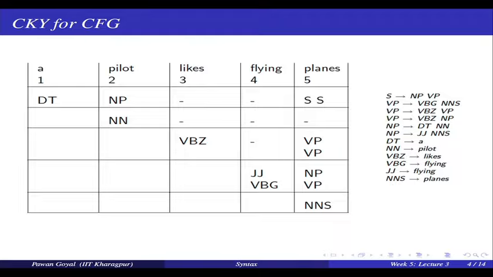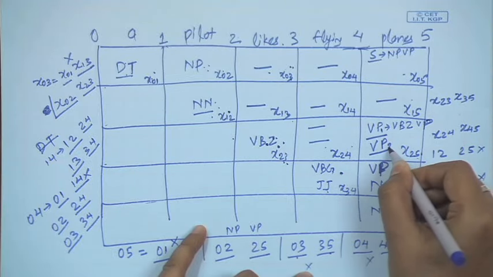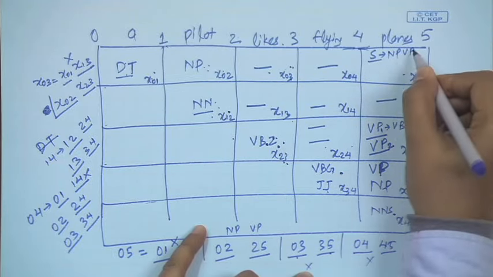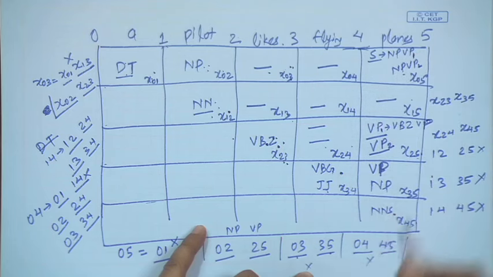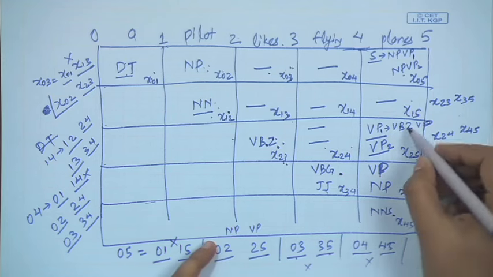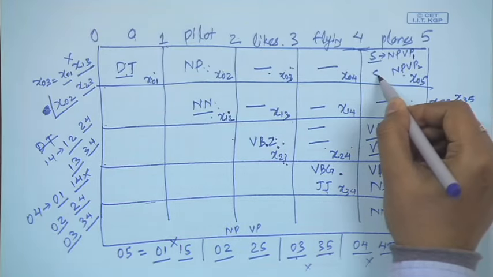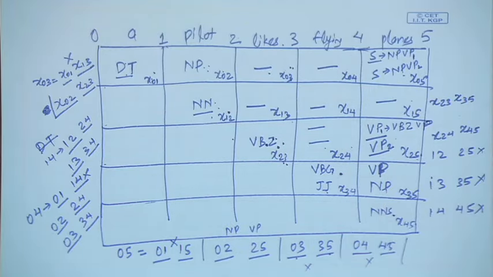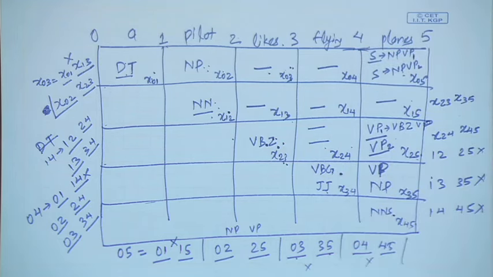There should have been another VP in this case. So there is VP1, VP2, and then there will be S: NP VP1 and NP VP2. So I will suggest that you look back in this calculation we did and see where we made a mistake. But everything else is the same that we did here. So there are two different S in which this sentence can be parsed, two different ways.